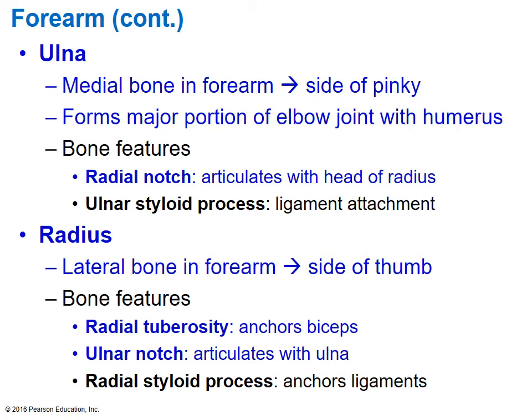And for my notable structures, we're going to have to know our radial tuberosity, which makes a connection point with our bicep muscle, and also the ulnar notch, which will articulate with the ulna. So as you can see, you need to know the radial notch on the ulna and the ulnar notch on the radius, because that will be their connection point with each other.